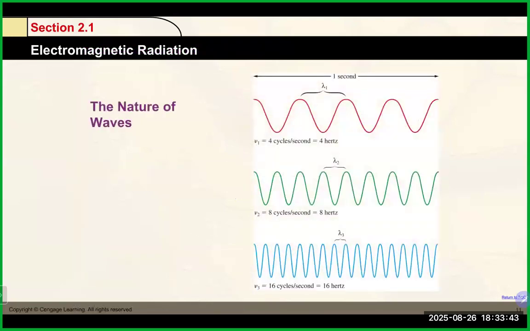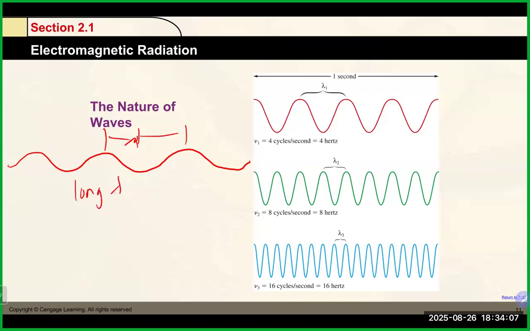All right. So let's talk a little bit about waves. Waves, again, are how energy is sort of carried through space. There is a relationship between the wavelength and the energy and the frequency. If you have something with a long wavelength, such as this, you usually have a lower frequency, and that usually is a lower energy than if you have something with a much smaller wavelength, such as this.